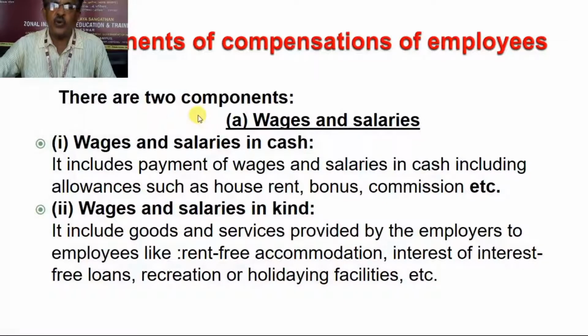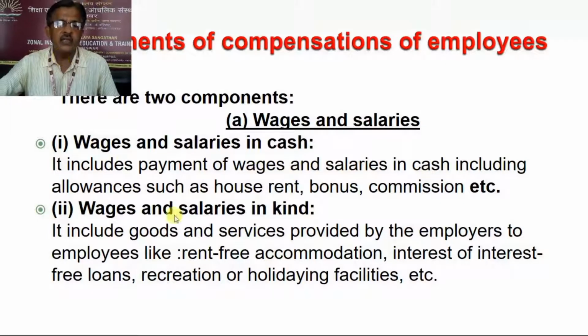Components of compensation of employees. There are two components: wages and salaries, and social security contribution by employers. Wages and salaries in cash includes payment of wages and salaries in cash, including allowances such as house rent, bonus, commission, etc. Wages and salaries in kind includes goods and services provided by the employers to employees like rent-free accommodation, interest-free loans, recreation or holidaying facilities.